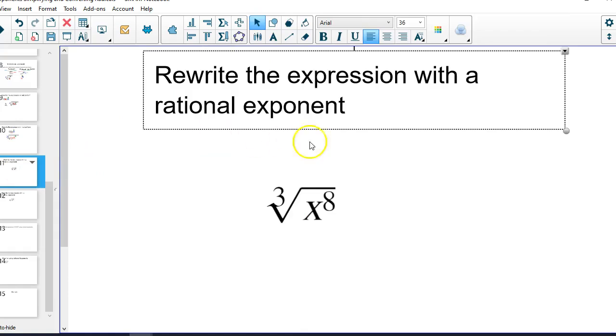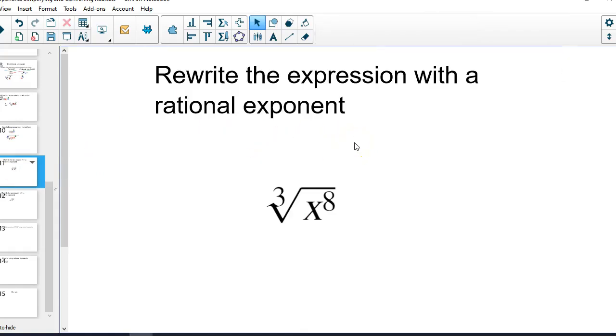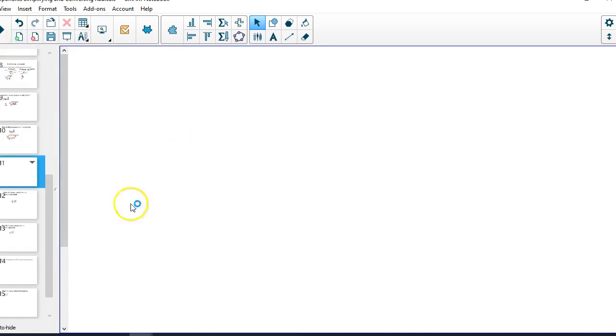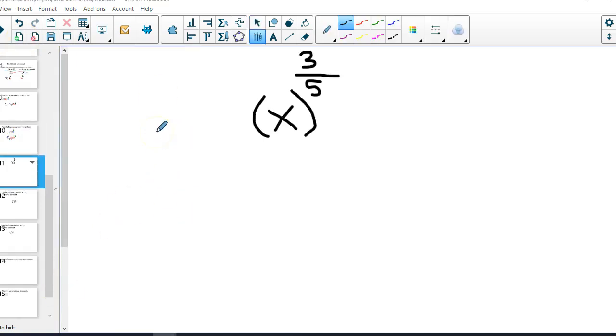Now, what I want you to try is, actually, let me write up another one. I want you guys to try one. Take a couple seconds to turn this expression with a rational exponent into a radical.